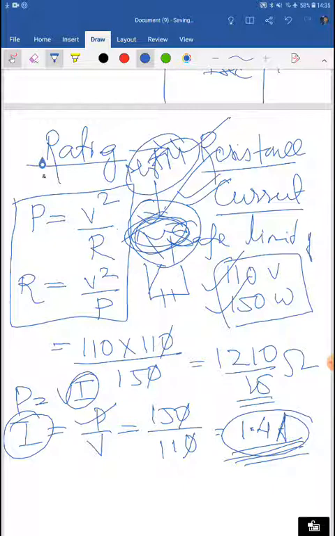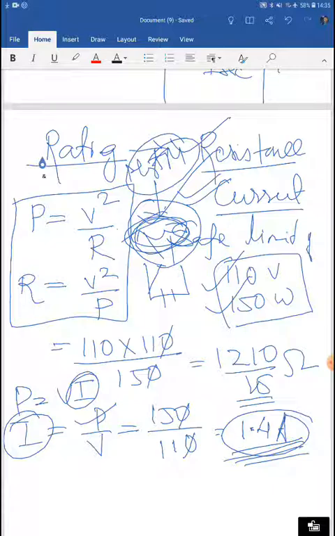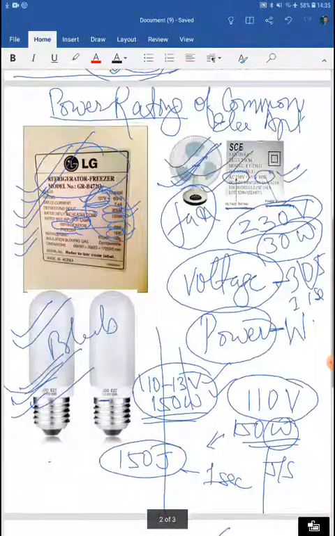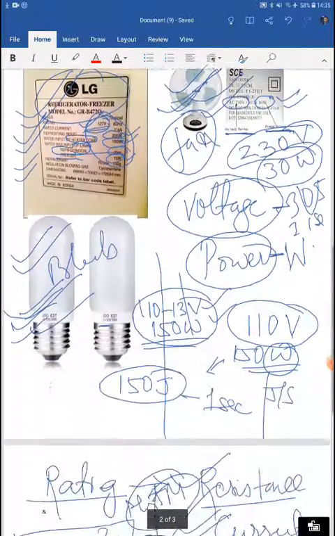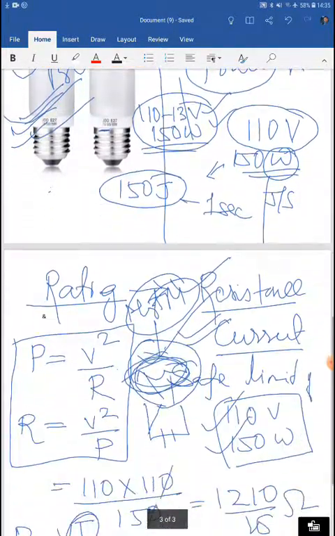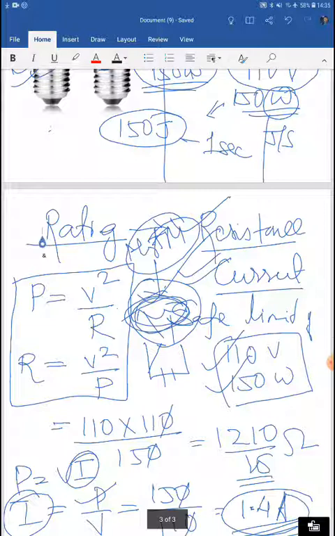Now your assignment for today is to find out from this explanation the two quantities which can be calculated from the power rating of an appliance. So that is question number 1.